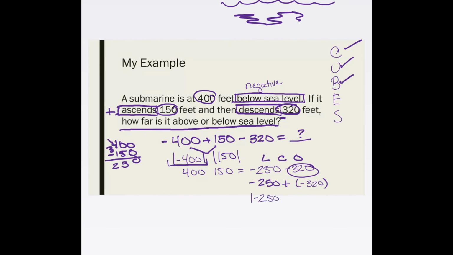So I find the absolute values, and I get 570. Both of these numbers are negative, so my answer is negative 570 feet.